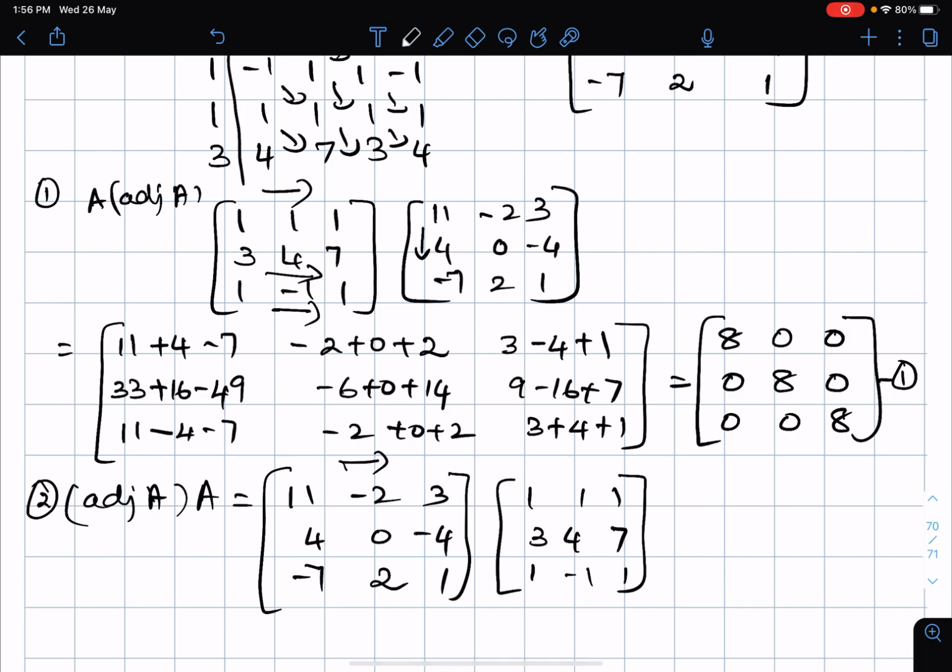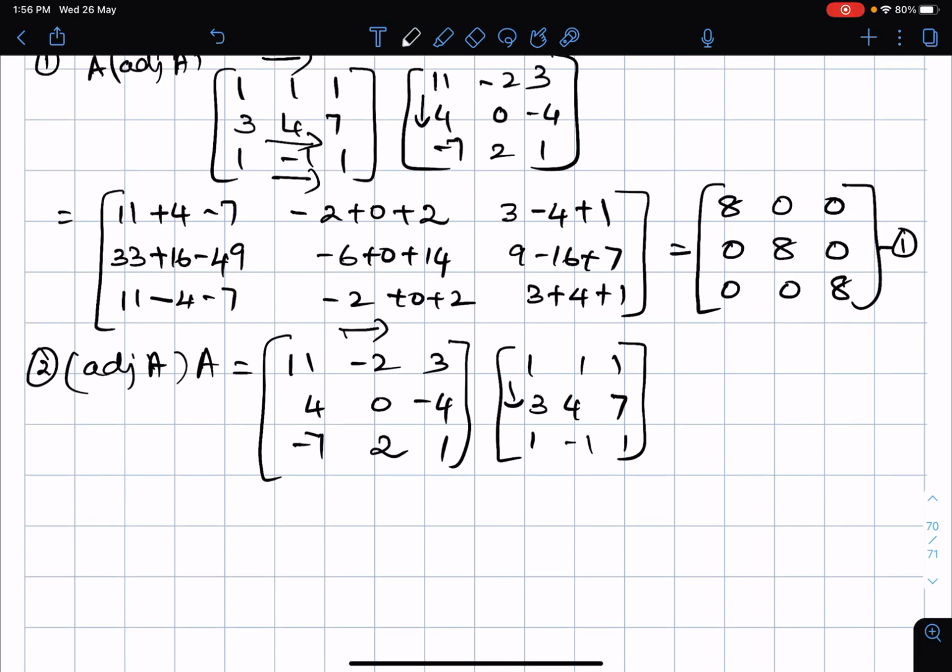Now again multiply row into column. You're going to get 11 minus 6 plus 3. Second one, 11 minus 8 minus 3. Third one, 11 minus 14 plus 3.